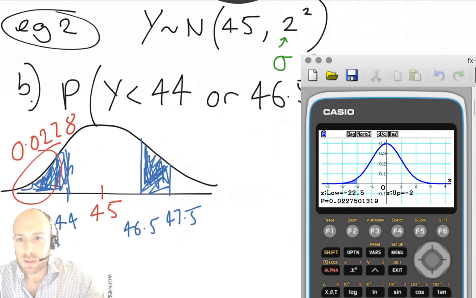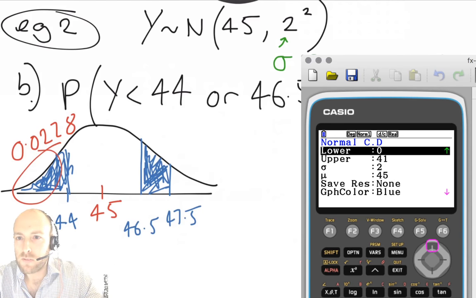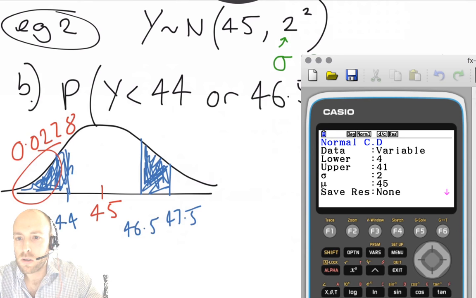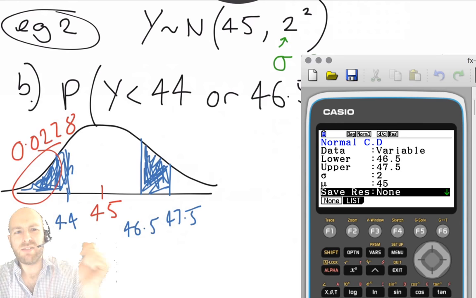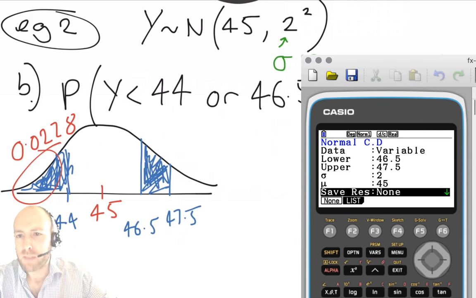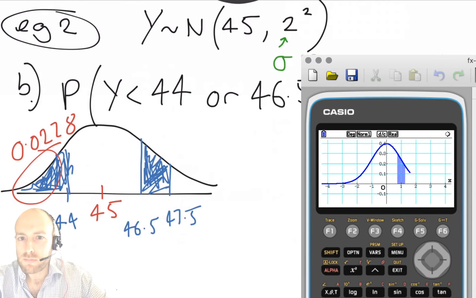Okay, and let's do it again with the upper region. So we're now going from 46.5. And this would be exactly the same on the class pad, just without the sketch. Where it says save res, that's save residual, so that it saves all the data points. Don't worry about that. Execute. Draw it again. Good.